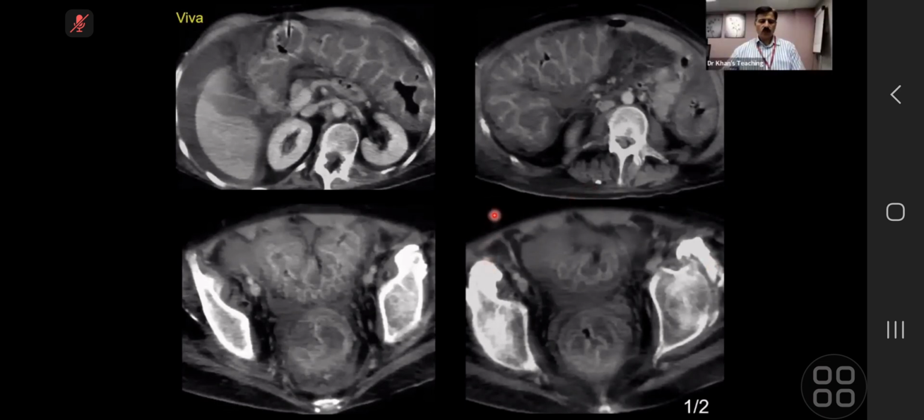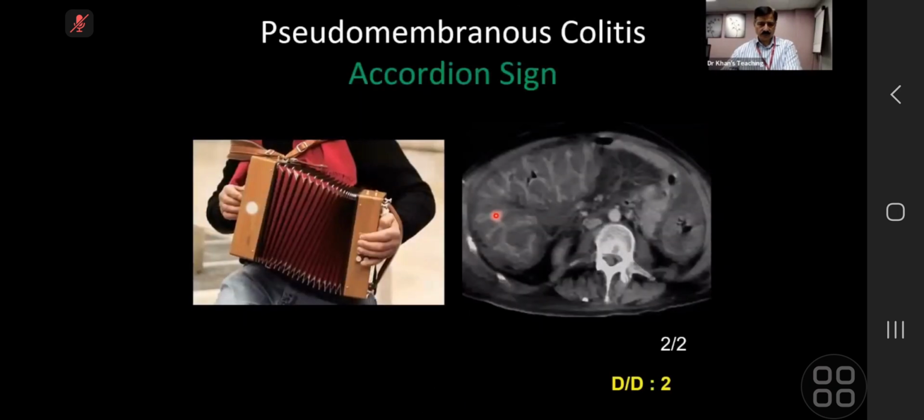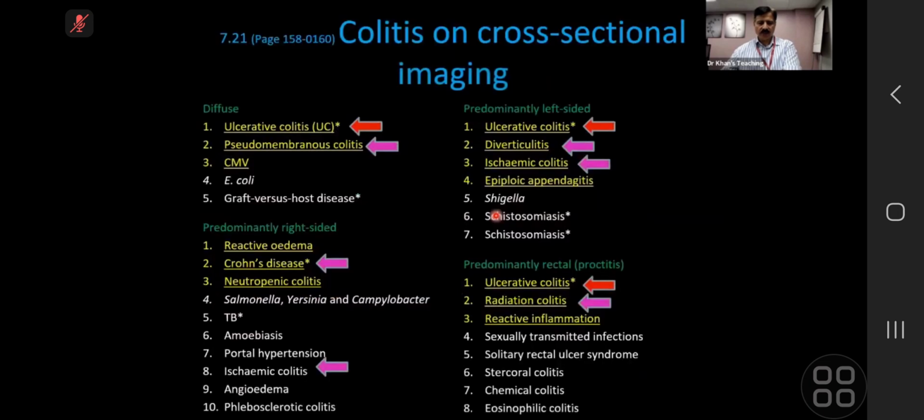Right. So, well done. Basically, this film is pseudomembranous colitis, but it can be a differential diagnosis. Now, this is from your book, and you should have a clear-cut concept about some of these things which I have pointed out. Your book tells you that colitis can be diffuse. When colitis is diffuse, the top two are UC and pseudomembranous colitis.